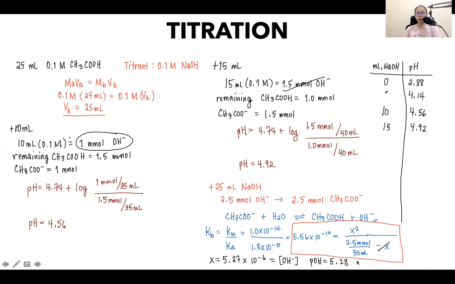So we get the pH. How? That's 14 minus 5.28, or 8.72. So in our table, at the equivalence point, the pH is 8.72.